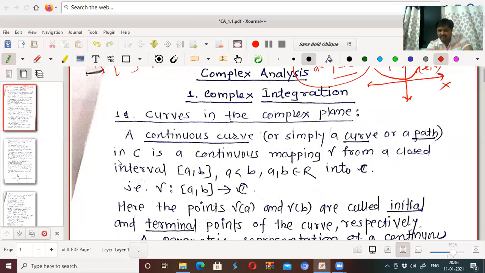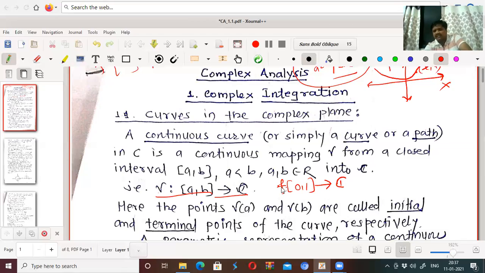A curve in a complex plane is a continuous mapping gamma from a closed interval AB, where A is less than B, and A and B are real numbers, into C. That is mapping gamma from closed interval AB to complex plane C. For example, gamma of 0 comma 1, you have to find image of 0 comma 1, and it should be in complex.